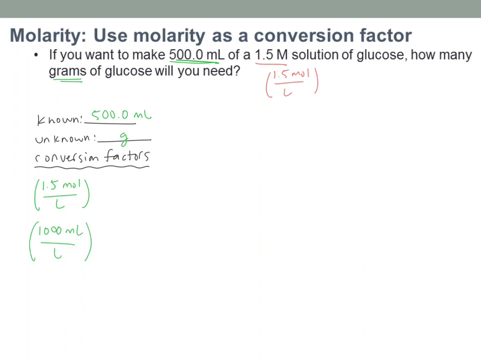And I end up in grams, but all this business is about moles, so I'm probably going to need something converting grams into moles. And if you don't know what glucose is, it's C6H12O6. So I just add up all of those, right? 6 carbons, 12 hydrogens, 6 oxygens.